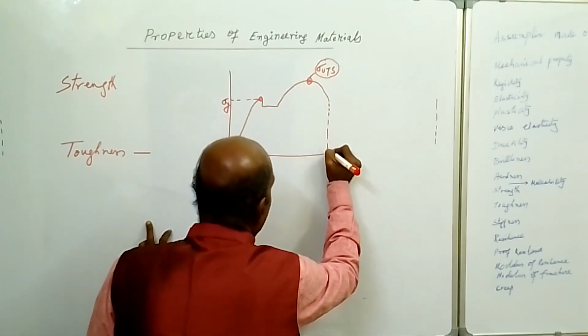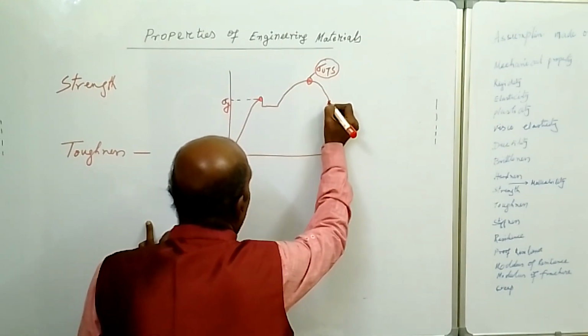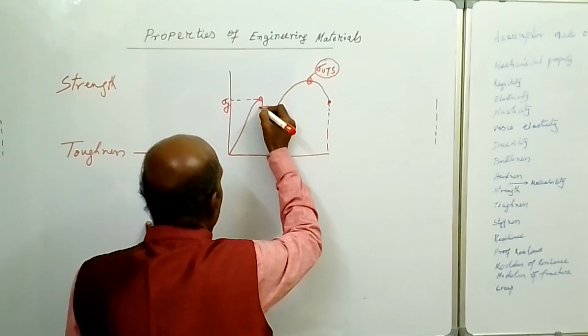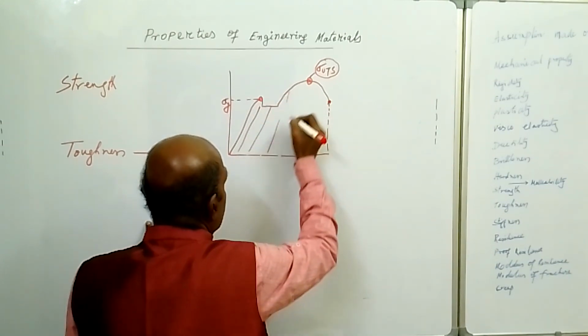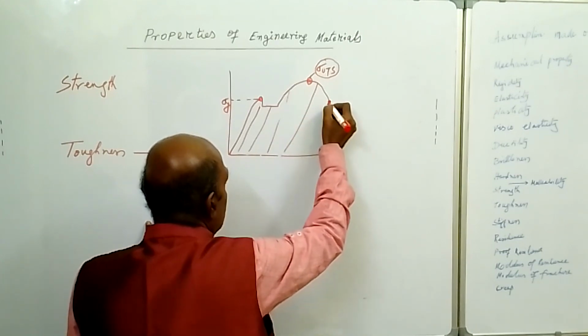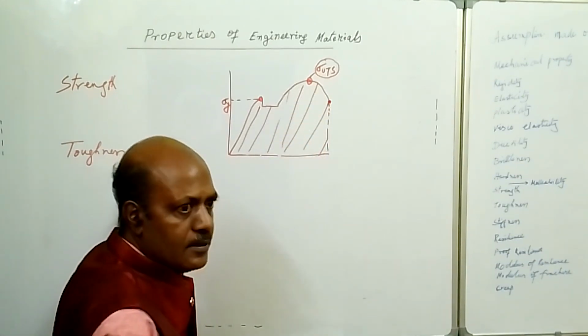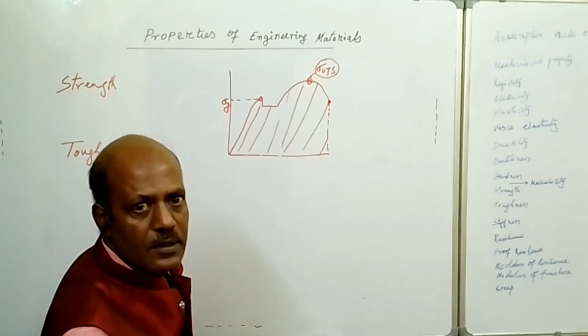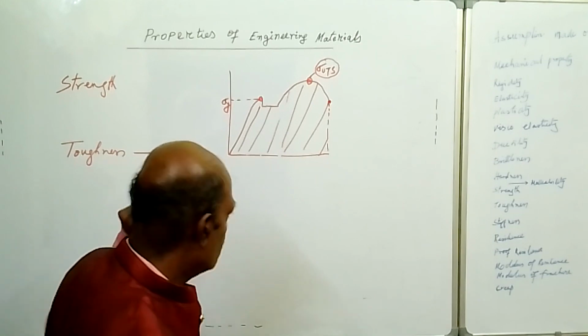Now, if we find the area under the stress strain diagram up to the failure point, this area indicates the toughness of the body per unit volume.